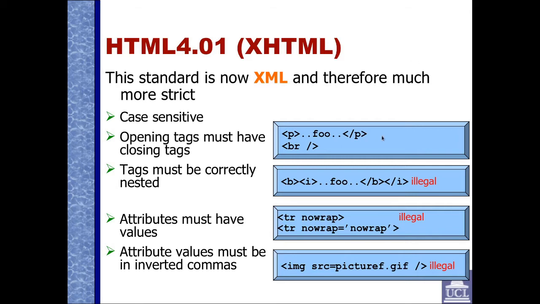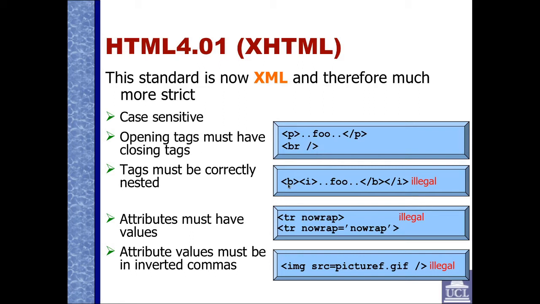So things like every opening tag must have a closing tag, and all of these tags are case sensitive. If you have a tag which doesn't have a closing tag, then you use this syntax where it's called a self-closing tag. You have a slash before the greater than.